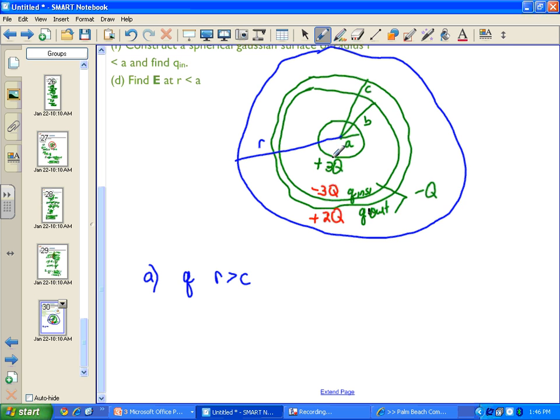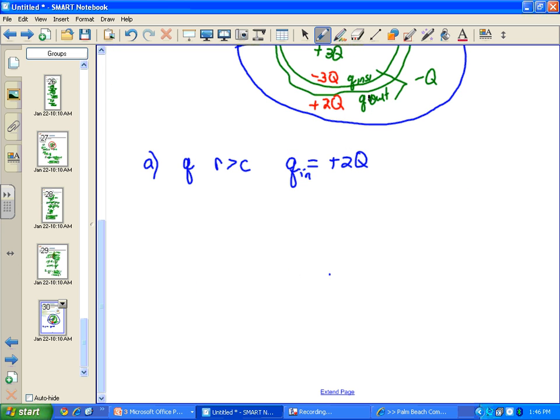Another way we could do this is to take plus 3Q minus Q, because that's the total of inner and outer, and that gives us plus 2Q. So the charge in the case where the Gaussian surface is greater than C is equal to plus 2Q. The next thing we're asked to determine is the direction of the electric field out of the Gaussian surface.